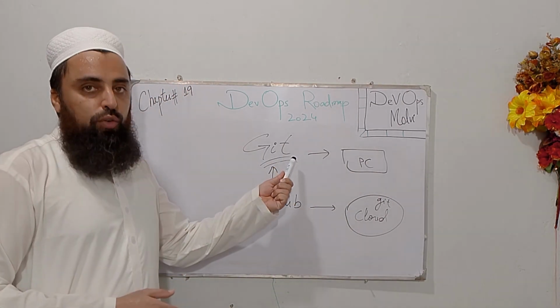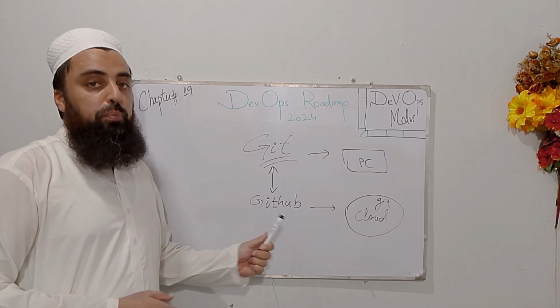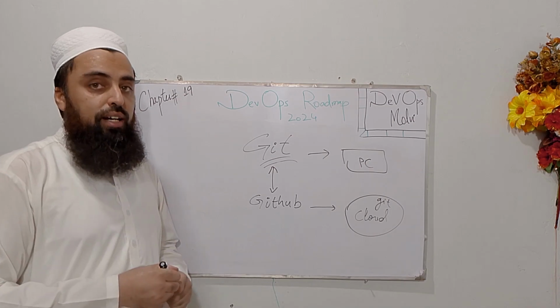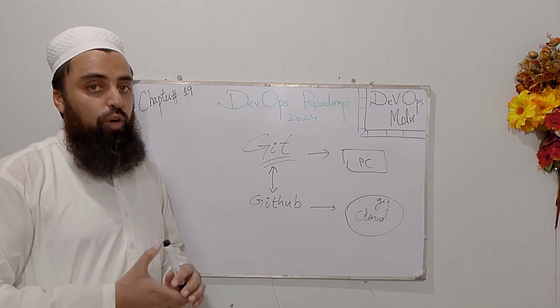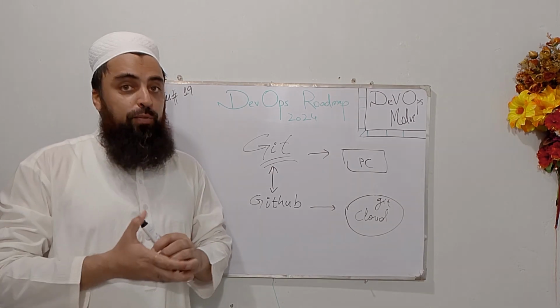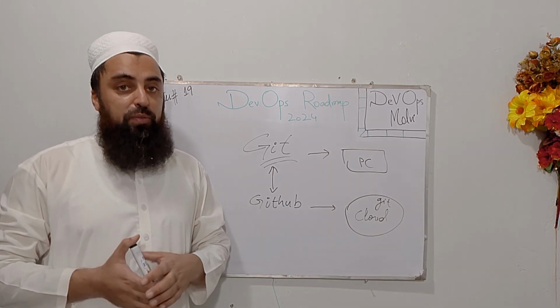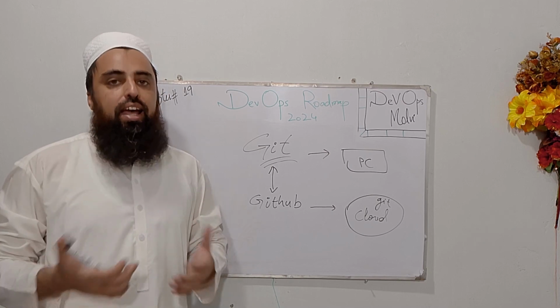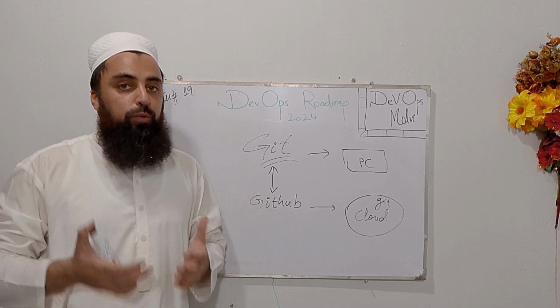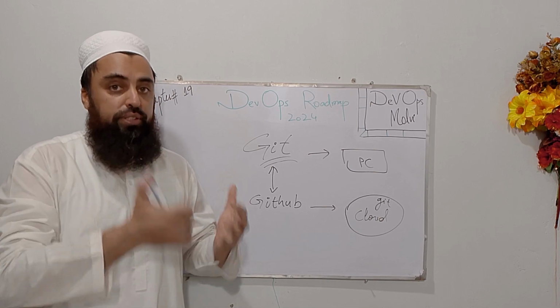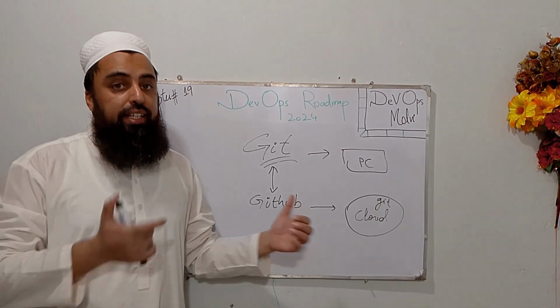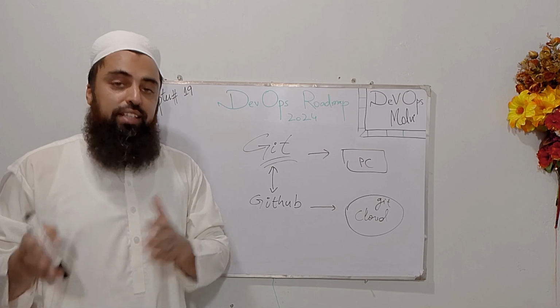Git is free software, whereas we have to pay for using the GitHub online services, and there are packages on github.com. So guys, I'm sure that whenever you're asked about the difference between Git and GitHub, you can answer that Git is a free version control and we can install and work on our personal computer, whereas GitHub is a Git service in the cloud.